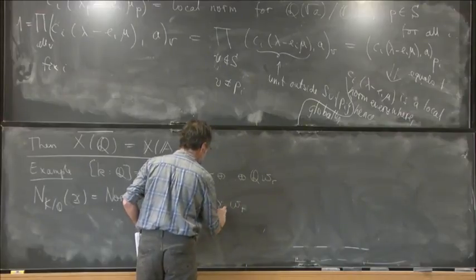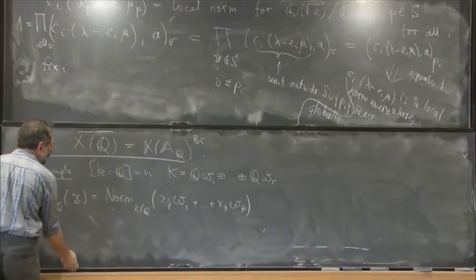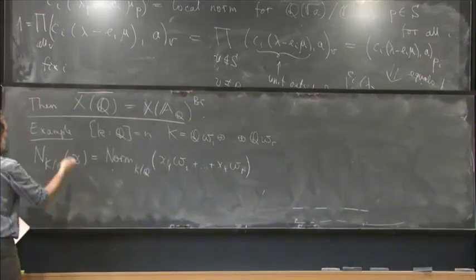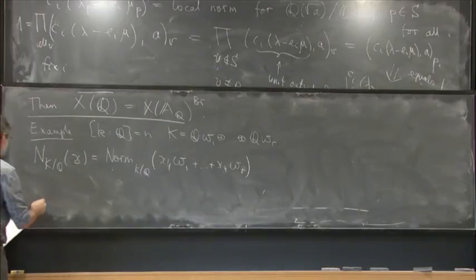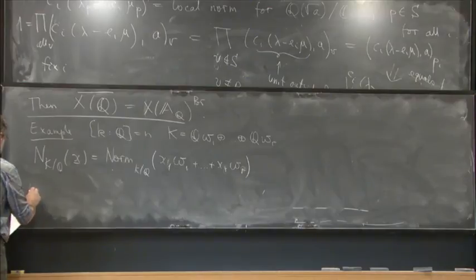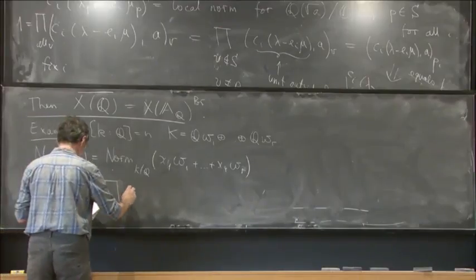Okay, it's just notation. And then an example of such a variety X could be varieties given by an equation of the following form.